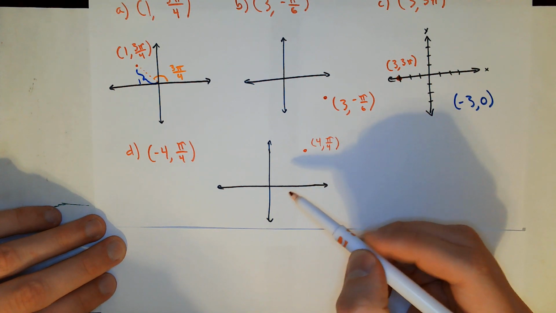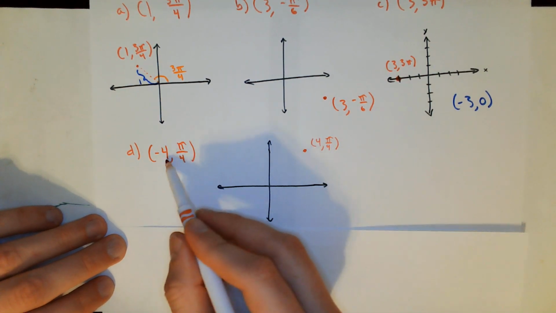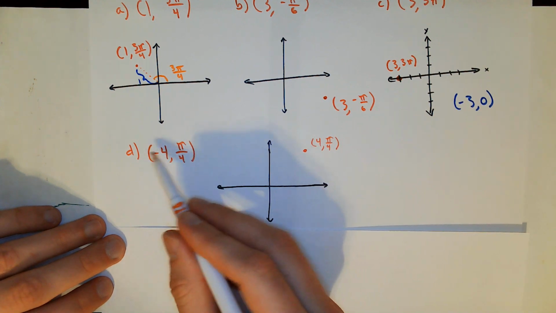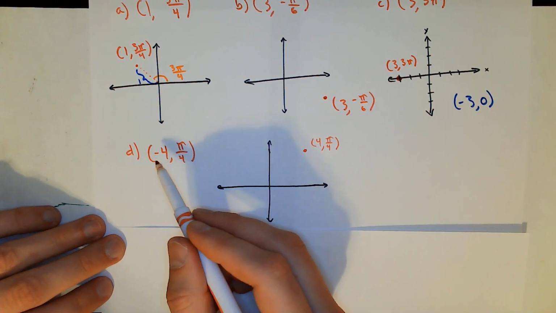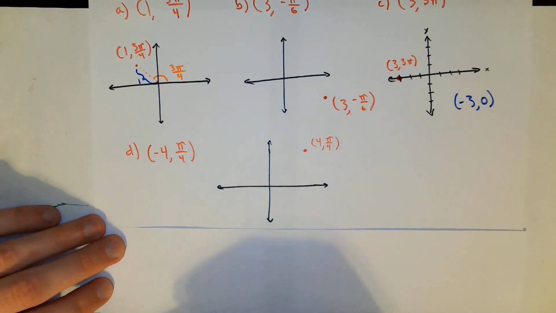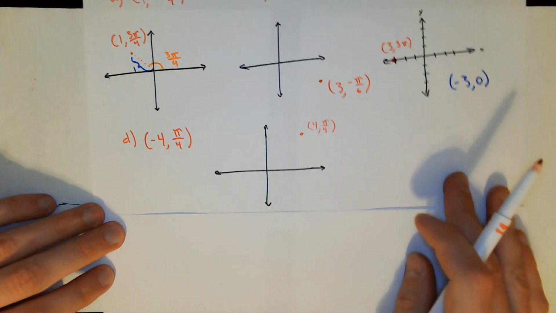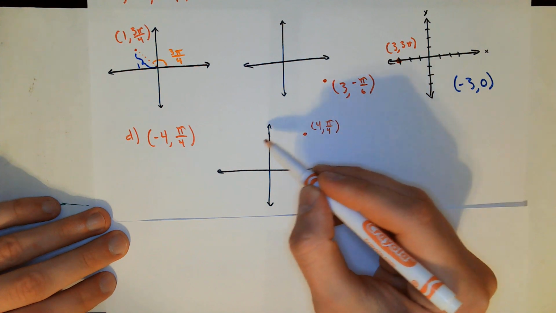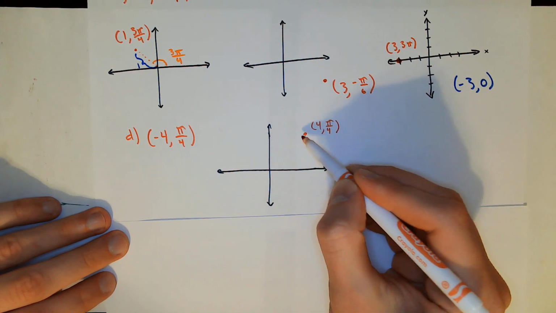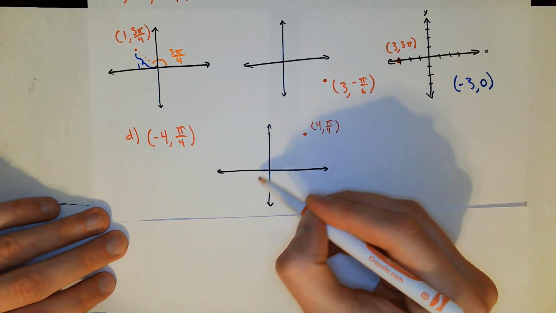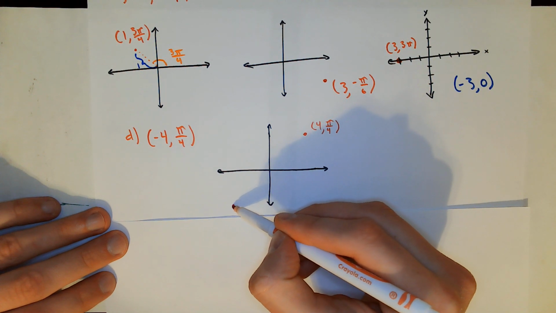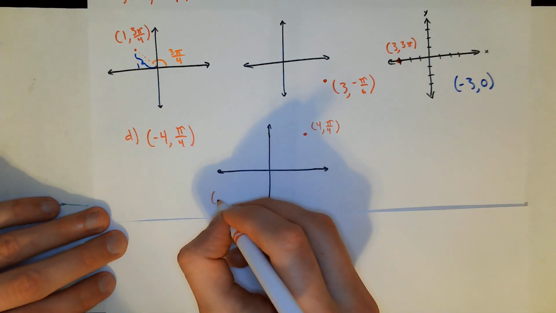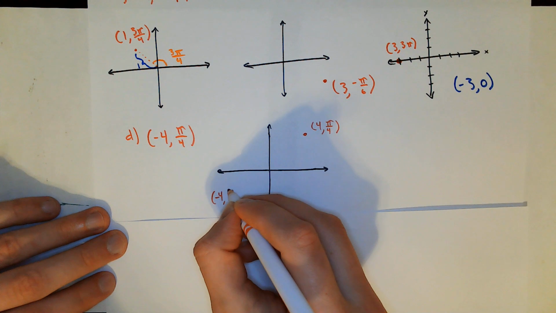But the negative value on the r value tells me to go opposite to where theta wants me to go. So instead of landing up here, when I say opposite, I mean pi radians away from that point, directly opposite to it, all the way down here at -4 comma pi on 4.